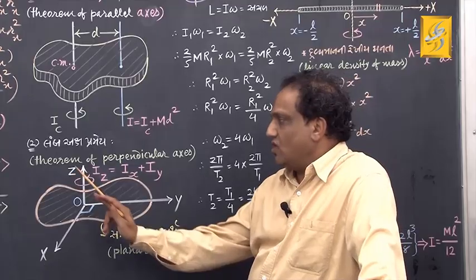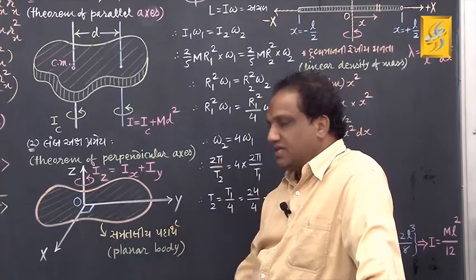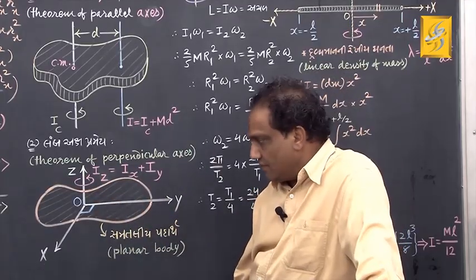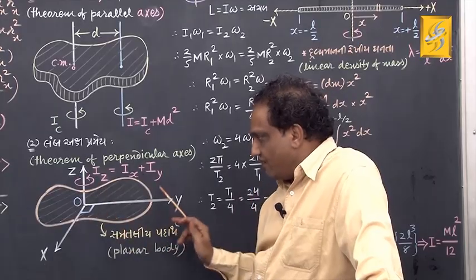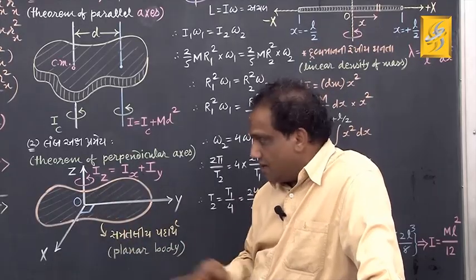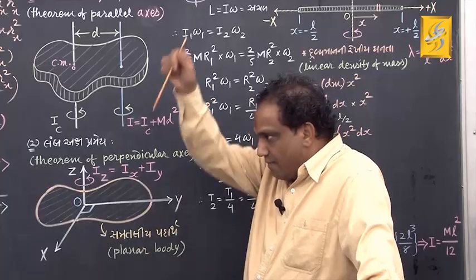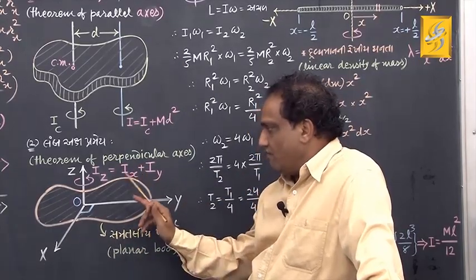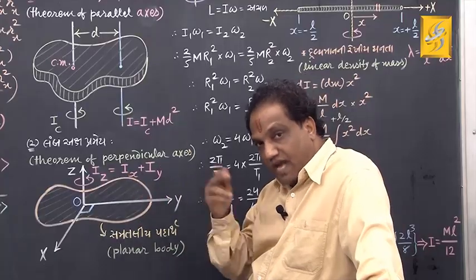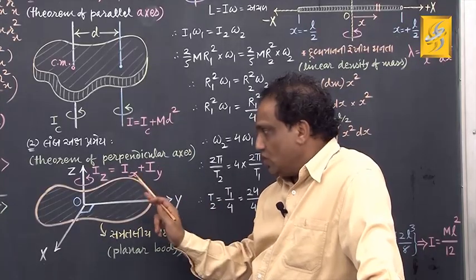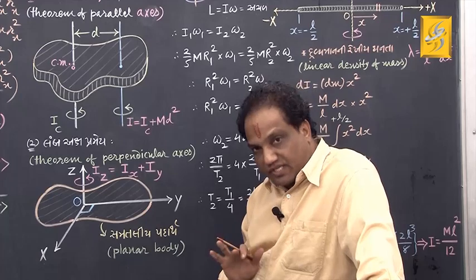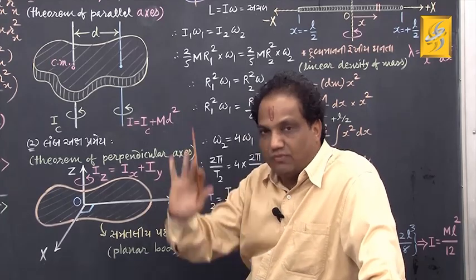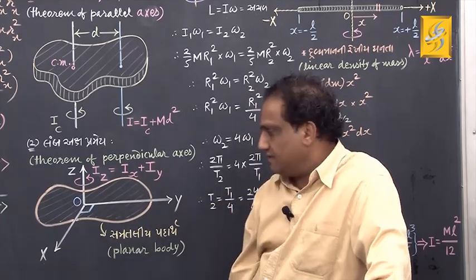This very statement is called the theorem of perpendicular axis. I repeat, moment of inertia of a given planar body about an axis perpendicular to its plane is just equal to the summation of moments of inertia of that body about two mutually perpendicular axes chosen in the plane of the body. Correct? Fine.